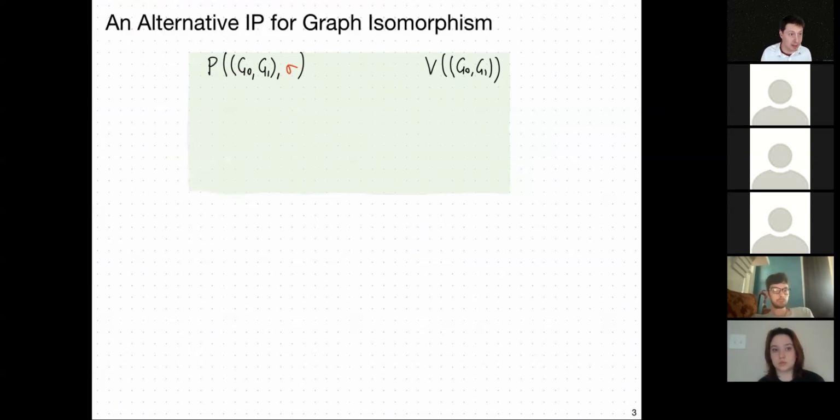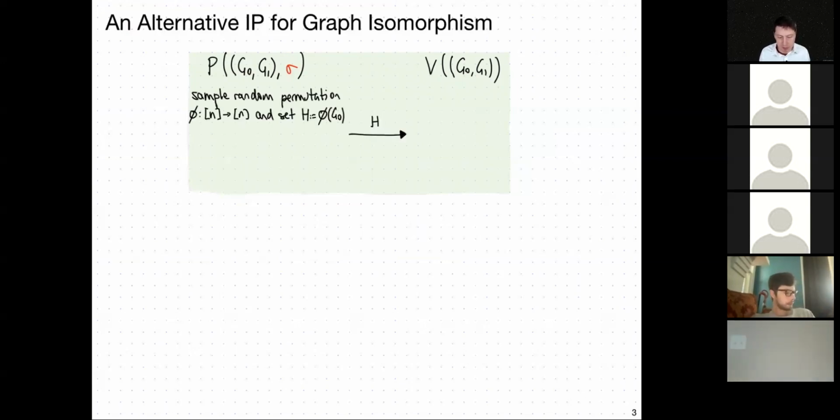Rather than literally sending sigma to the verifier, which would have been the trivial interactive proof, the prover first picks a random permutation and scrambles the first graph, without loss of generality. It doesn't matter whether it's the first or the second, because they're in the same isomorphism class once they're isomorphic. It gets a scrambled graph, H, and sends it to the verifier.